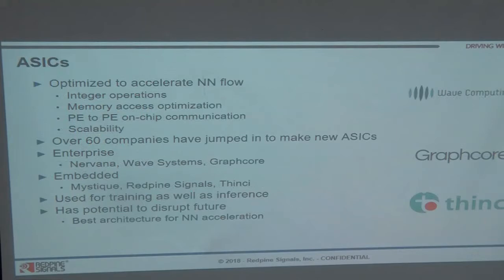compute performance. There are 4 things that become important for the AI application when you're running an AI algorithm. The first is, of course, the compute capacity, how many flops or ops you can do. Second is how many memory accesses you do, how many times you have to go outside and fetch the data and do the compute. The third is the PE to PE, so PE is processing element, and because AI is so parallel, you have these multiple processing elements. How do you get the data from one element to another?